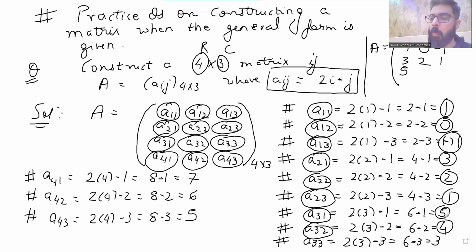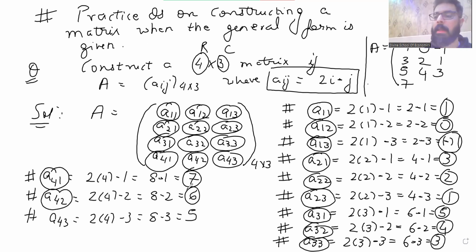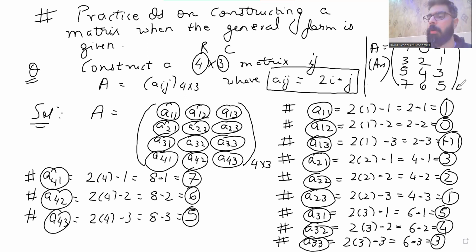A32 is 4. A33 is 3. A41 is 7. A42 is 6. And A43 is 5. So students can clearly see this is my answer for the matrix A, which is a 4 cross 3 matrix.